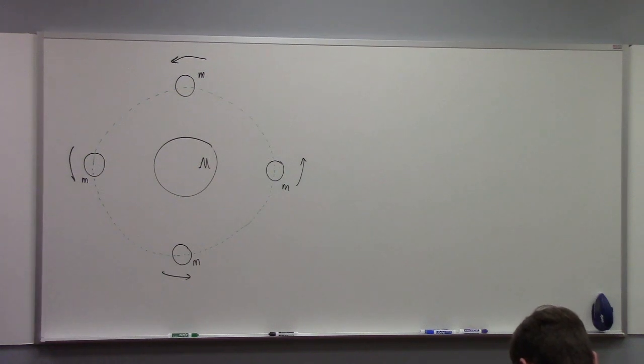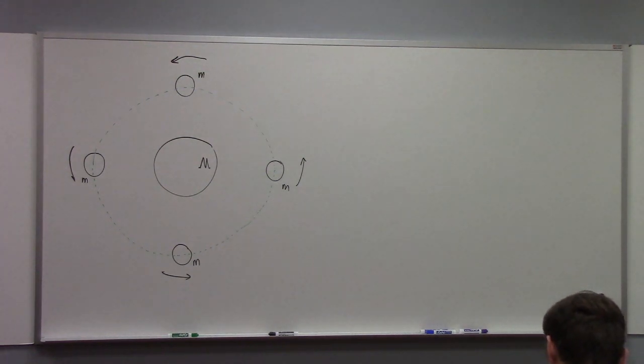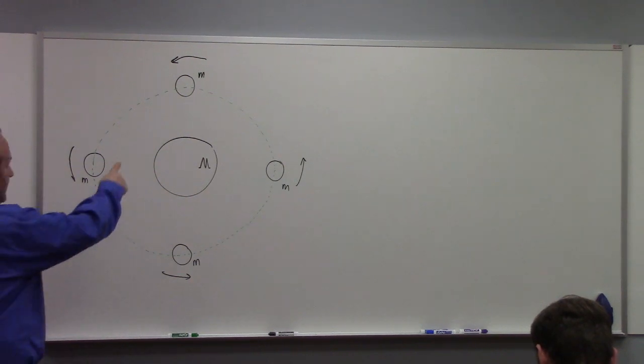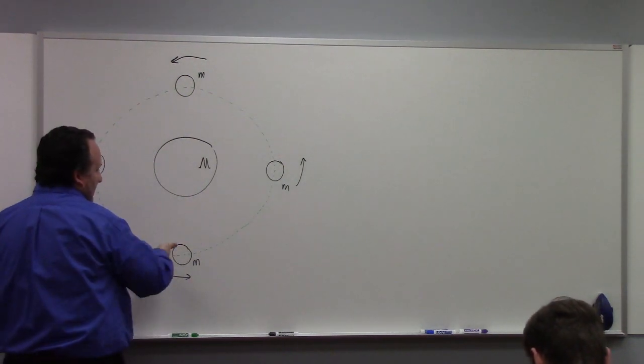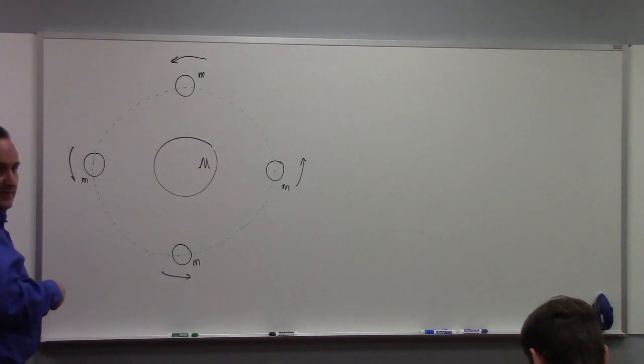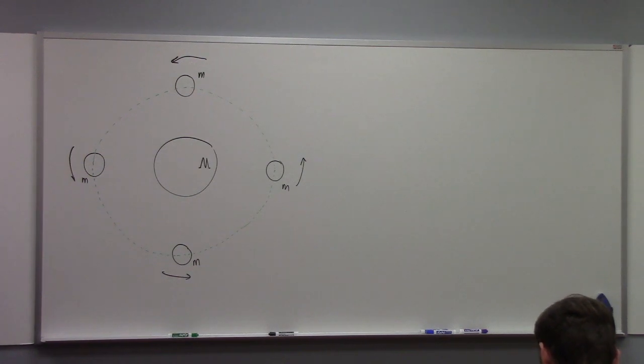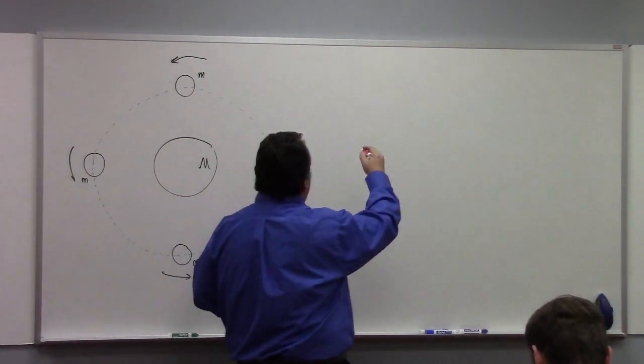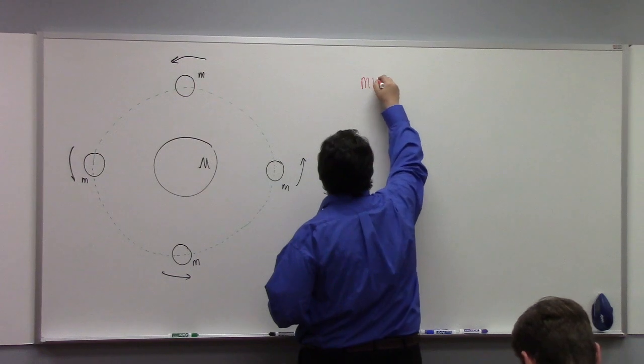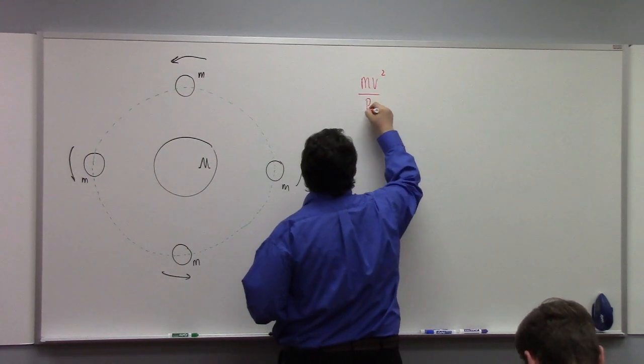So, pick a planet, any planet. Pick a moon, and let's look at Newton's law on that moon. It's going in a circle. So let's pick the top one, because it doesn't matter which one we pick; we'll be able to figure out the question. So let's pick the top one, and there we have mv squared over r.